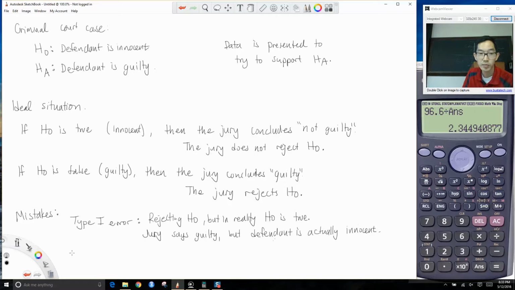Okay. And then type 2 error would be what? Yeah, so this would be not rejecting the null, but the null was actually false.